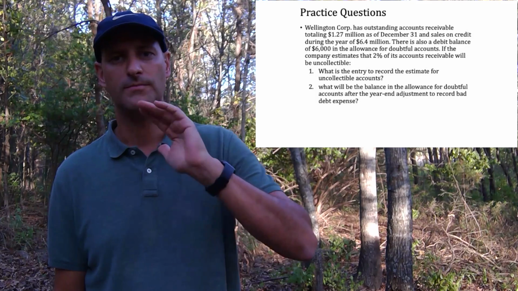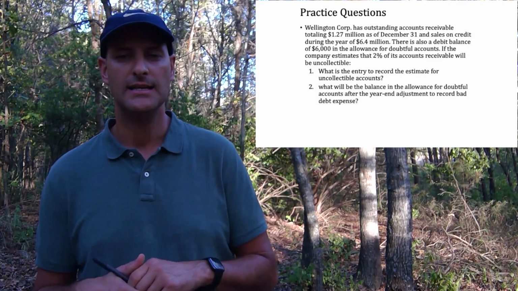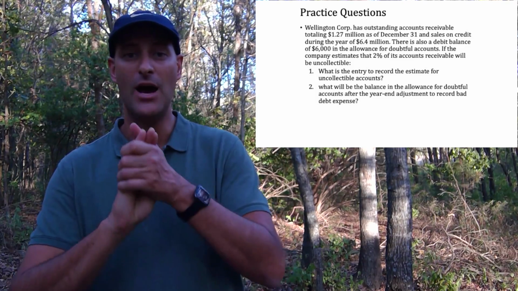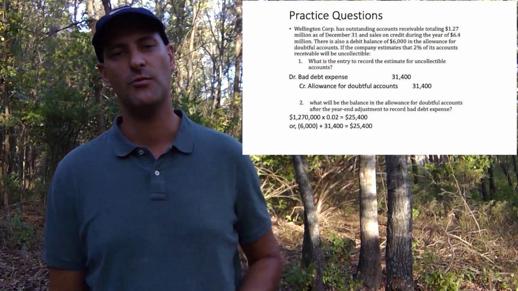First of all, 2% is $25,400, the amount of the allowance that we need. So to get to the $25,400 from a $6,000 debit balance, we need to credit the allowance for $31,400.